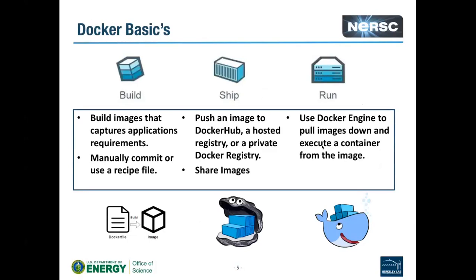From that, it makes it easy to share those and then run them: pull those images down and use a Docker engine or some other runtime to execute those images and create a containerized environment to run your application or service or whatever. So again, what Docker really did that was revolutionary is provide this end-to-end solution to make this process easier. Before that, it was pretty clunky.